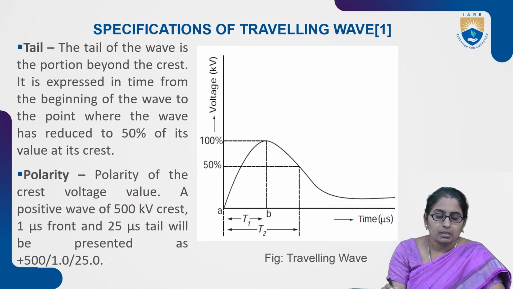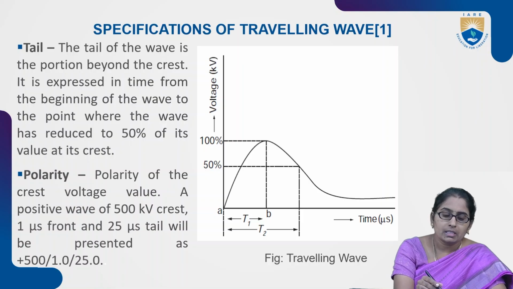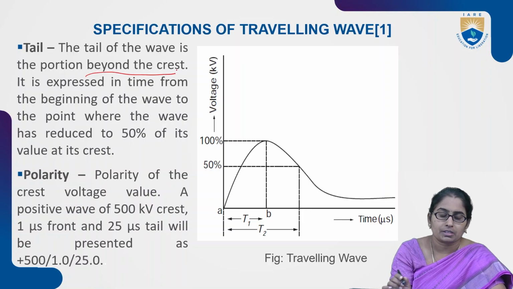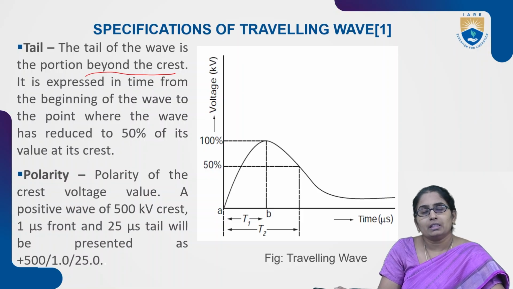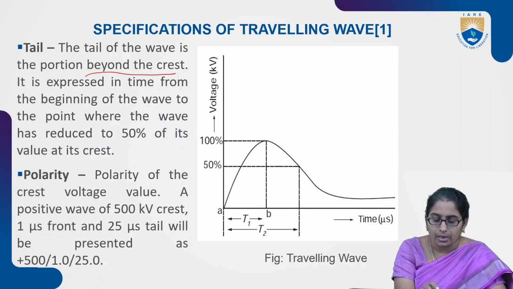Tail. In the name itself it is there, but it is defined with respect to the crest. It is available beyond the crest, the portion beyond the crest. Let us see in detail how it is defined. It is expressed as the time taken from the beginning of the wave to the point where the wave reduces to 50% of its crest value.